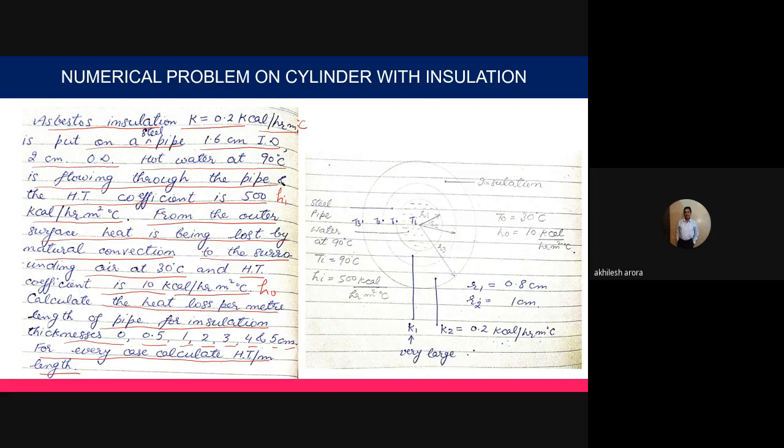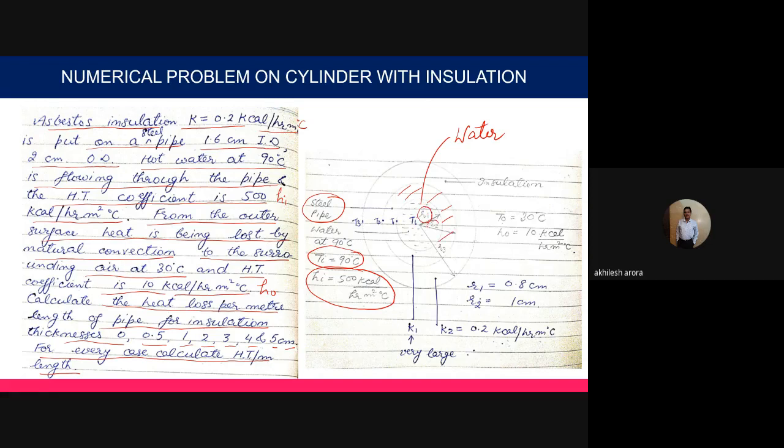The diagram shows that inside we have the water here, and it is maintained at 90 degrees Celsius. So I think it's written here, the inside temperature is 90 degrees Celsius. The heat transfer coefficient here is 500 kilocalories per hour meter square degree Celsius, and then this is the steel pipe, which is shown here, and its inside radius is R1.